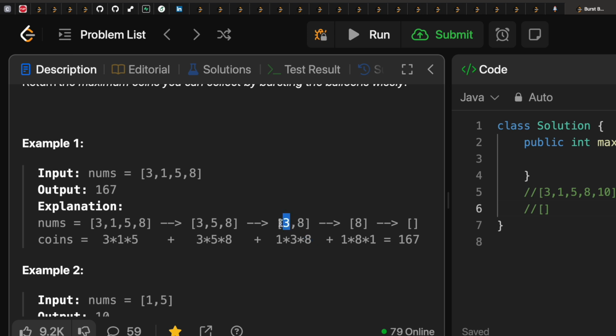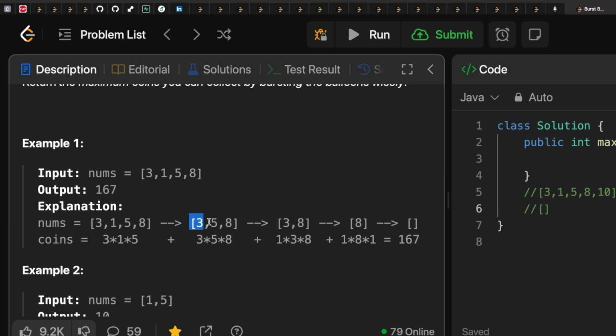So now 3 will be left of 5, because we are bursting 5 before 3, so when bursting 5 we will be left with 3. That's why 5's left will always be 3 for this particular example.